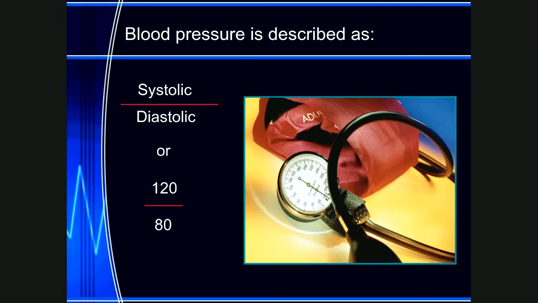A rule of thumb estimation for blood pressure is the adult male at rest is 100 plus his age. The adult female, as a rule of thumb, is 90 plus her age to get an estimation of the systolic blood pressure.